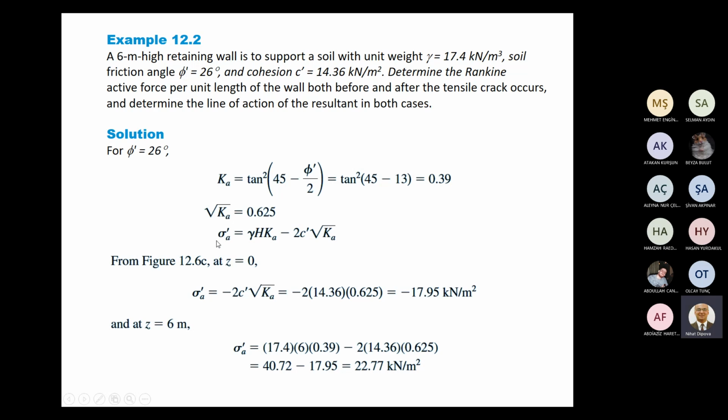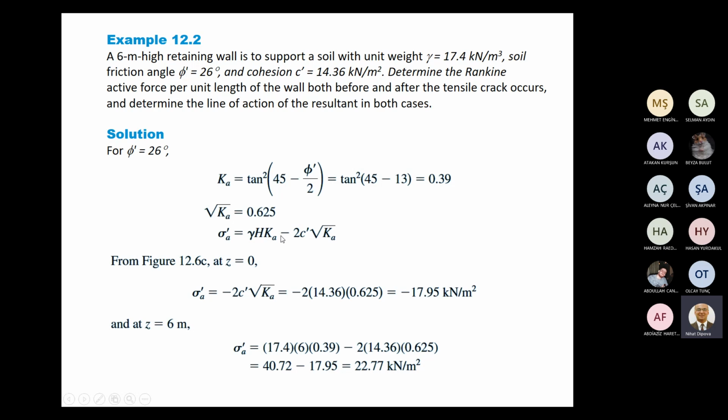And putting this sigma A equation, this is square root of Ka, and at depth Z0, at the surface, because H is 0, the first component will cancel out.